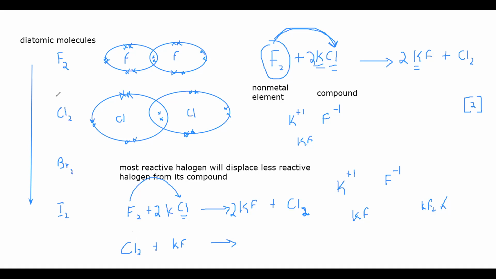Because you can check the reactivity: chlorine is less reactive than fluorine. So chlorine is not able to displace fluorine. That's why there is no reaction between them. So the more reactive halogen can displace less reactive halogen from its compound. Is it clear now?